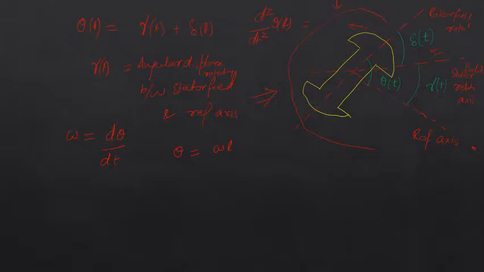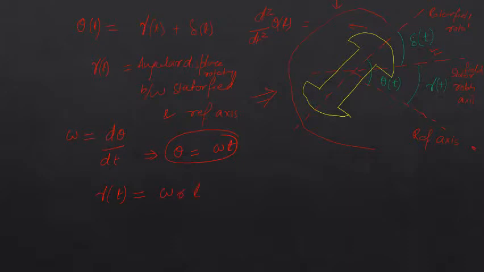Similarly, gamma t is an angular displacement, so I can write omega r into t.